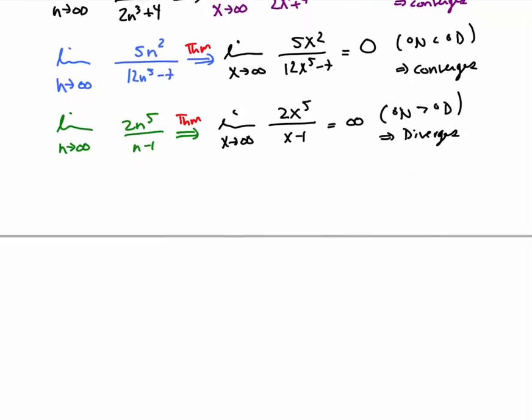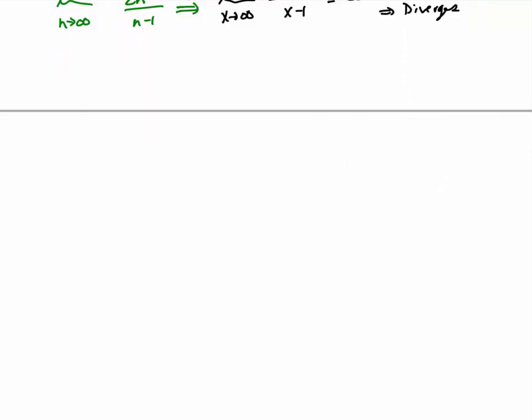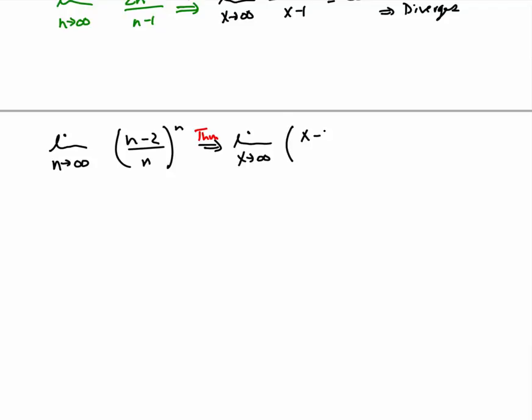Now a really interesting one that we can look at has variables in the exponent. So let's look at the limit as n approaches infinity of n minus 2 all over n, to the n. Now if we go ahead and rewrite this using x's, because remember n are integers, as x approaches infinity, x minus 2 over x, all to the x.